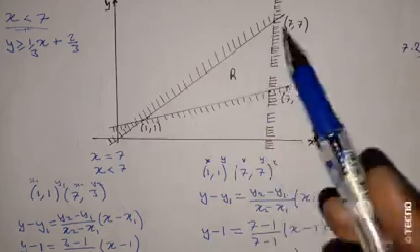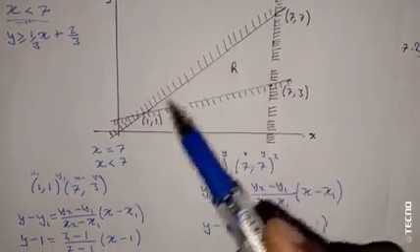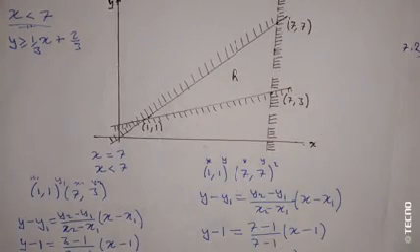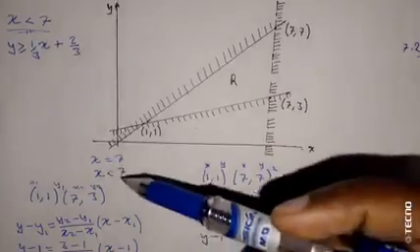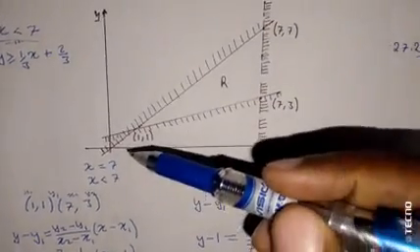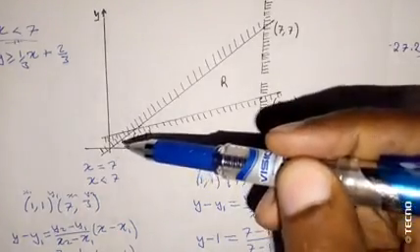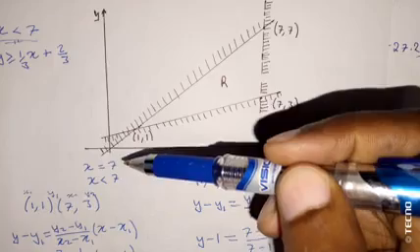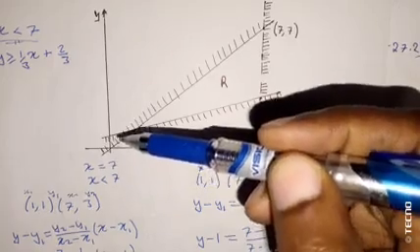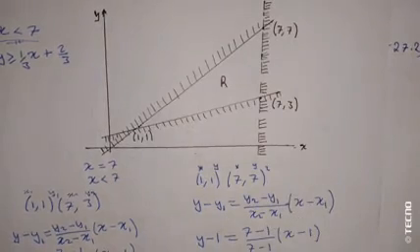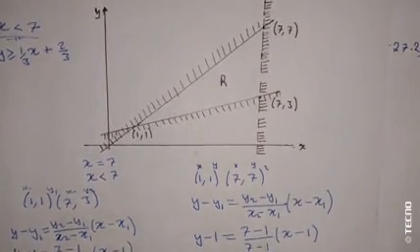Now, since this is y is equal to x, the question is to describe this inequality. As you can see where it is shaded, which region carries the greater values? Here we have y is equal to x.